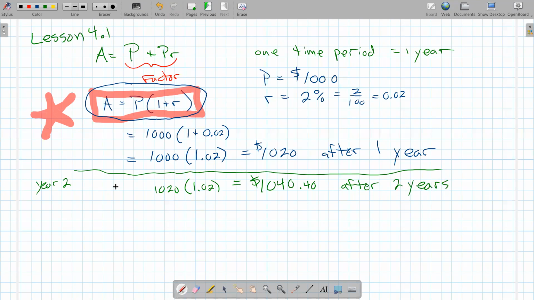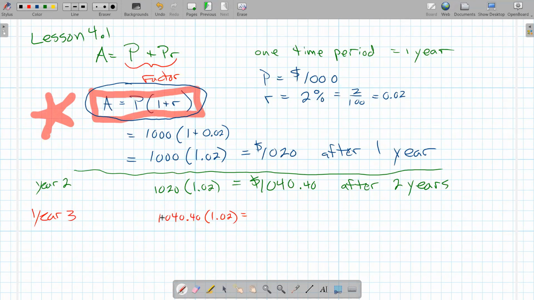All right, let's keep going. We're on a roll. What should we do next? Well, how about year 3? In year 3, I'm starting off with that $1,040.40. And what's the bank going to do? They're going to say, hey, you get 2% added on, which means multiply by 1.02. Let's see what we got.